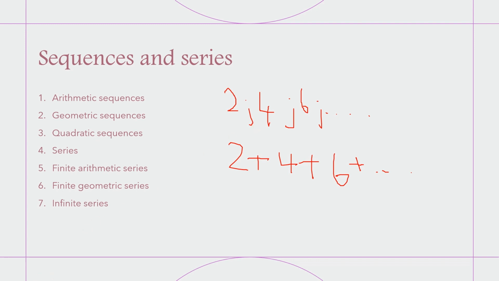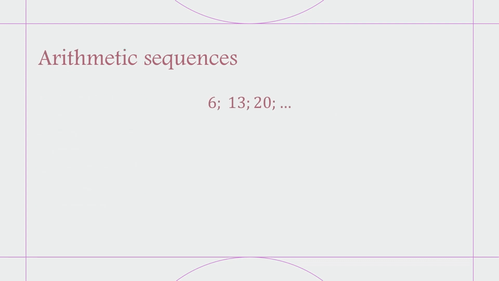In this lesson, we're only going to cover the first one, which is an arithmetic sequence, and then we will divide sequences and series one by one like that. On the next video, we will cover geometric sequence and then quadratic on the next one.